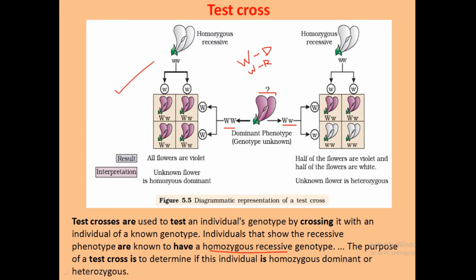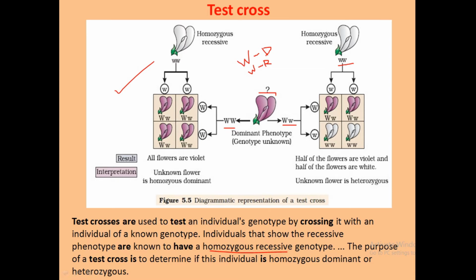Now we have selected a small w homozygous recessive flowering plant. The flower color here is white, and we are crossing this white colored flowering plant with the violet colored flowering plant.